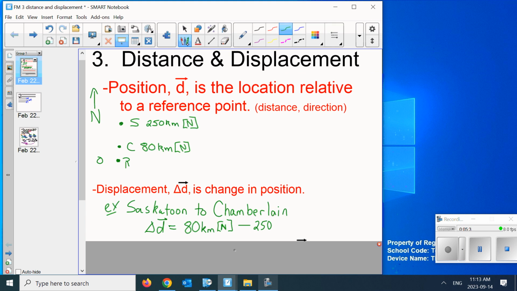250. So I know this is negative, and that makes sense because it's going south. I write it down as negative north. The difference between 80 and 250, that's 170.